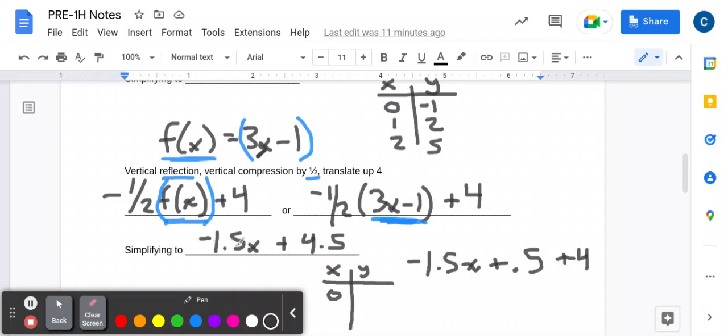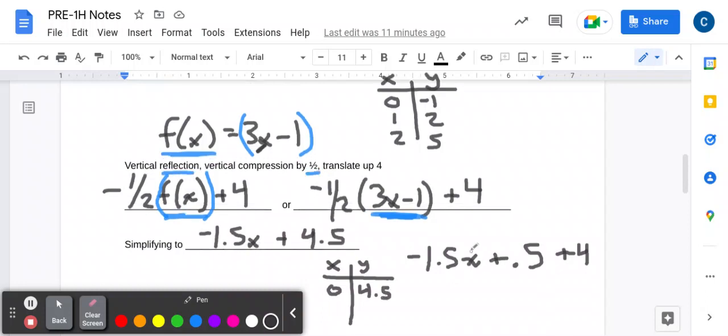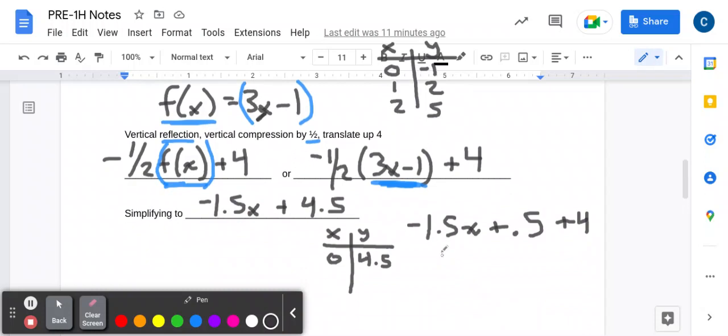Negative 1.5 times 0 is 0, plus 4.5 is 4.5. Okay. 1. Negative 1.5 times 1 is negative 1.5, plus 4.5 is 3. 2. Negative 1.5 times 2 is negative 3, plus 4.5 is 1.5.